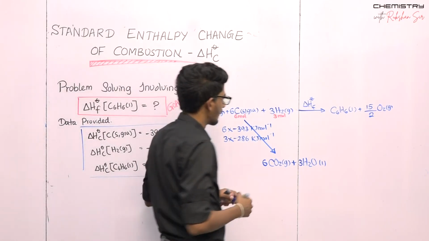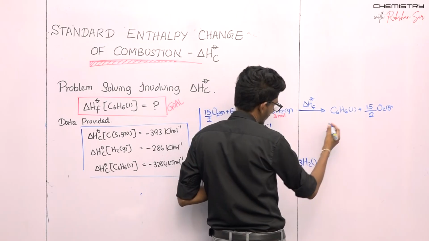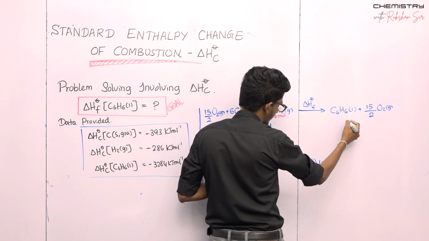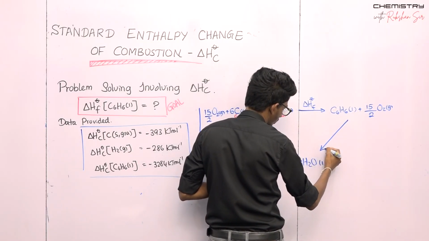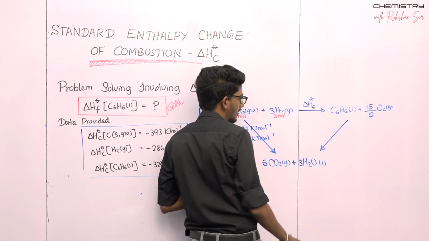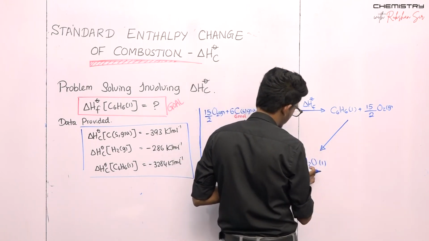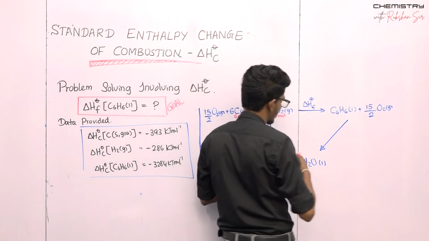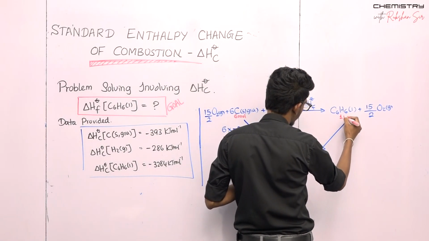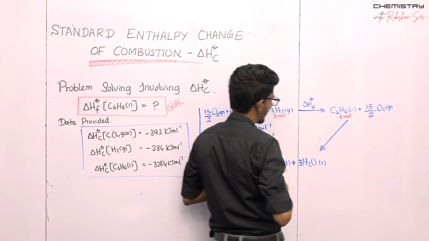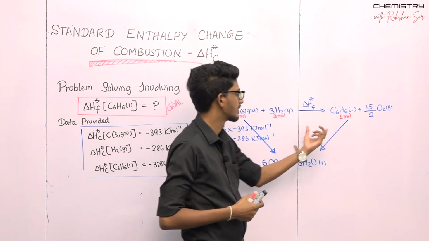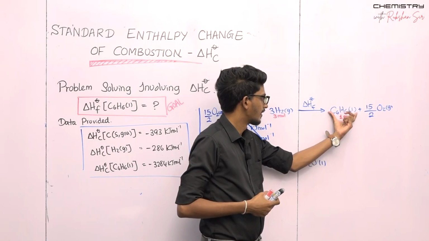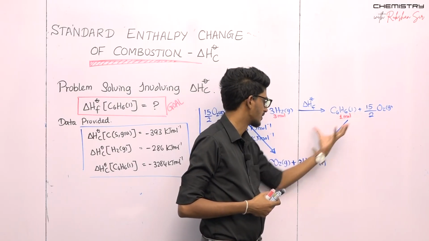Then let's combine this state to this. It is basically about combustion, so definitely reacting with O2 to give the respective oxides. Here you have just 1 mole of C6H6 liquid, so the energy change needed to combust 1 mole of it is enough to combust this whole system to here.